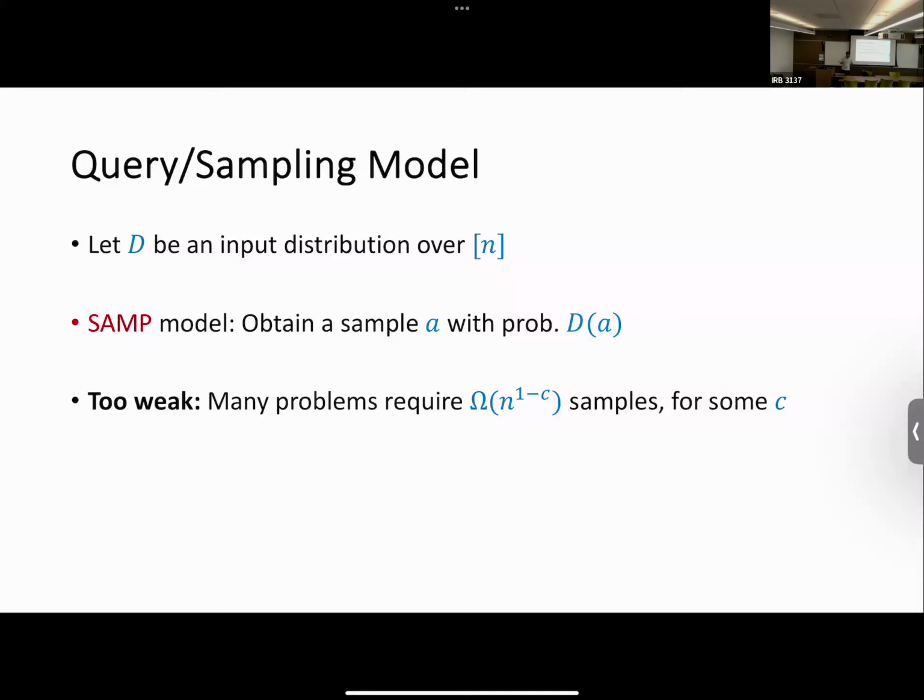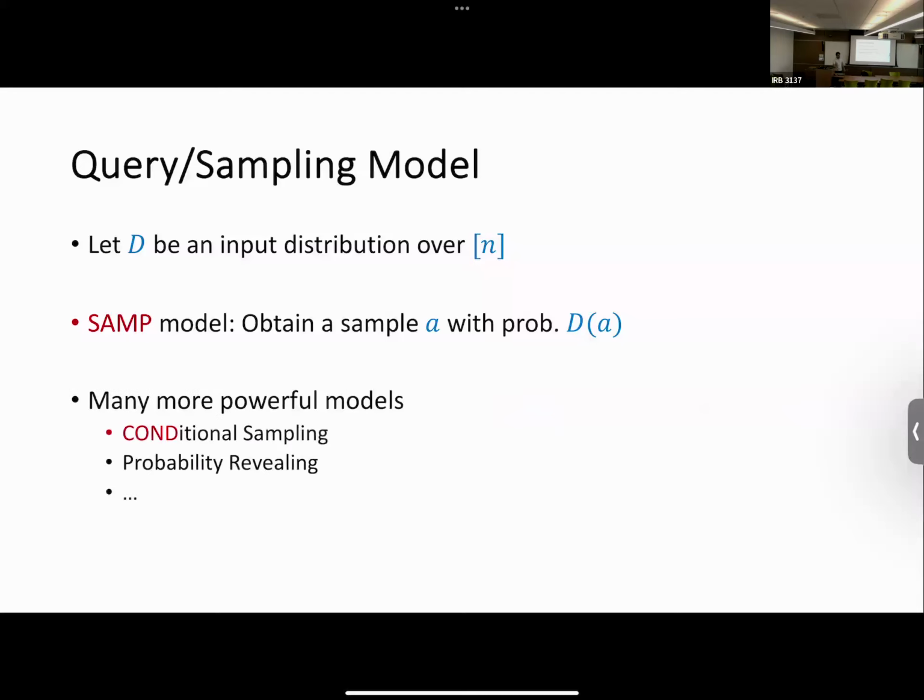So n over log n queries are necessary. So that's why people started looking into what more powerful models we can consider, and they should also be practically relevant. That's why there are many suggestions and people have looked into many models.